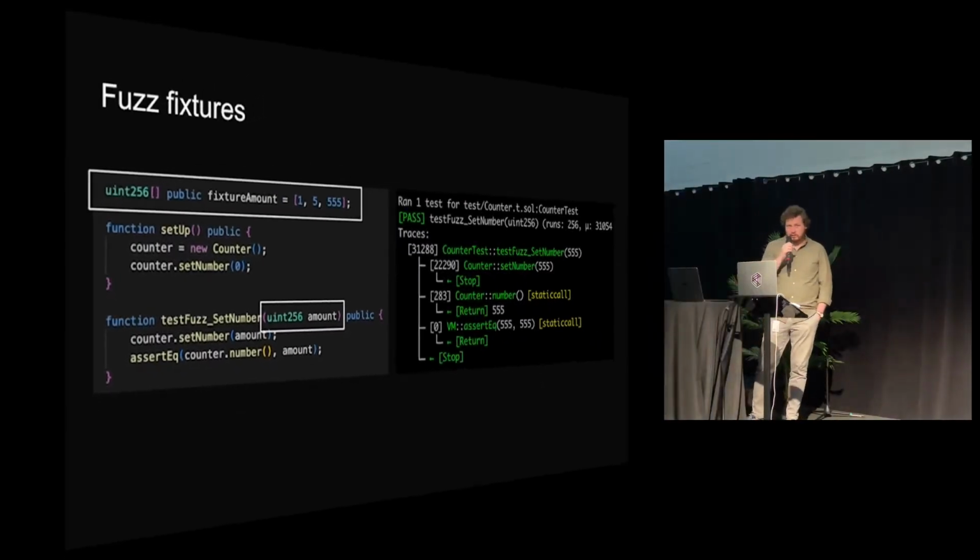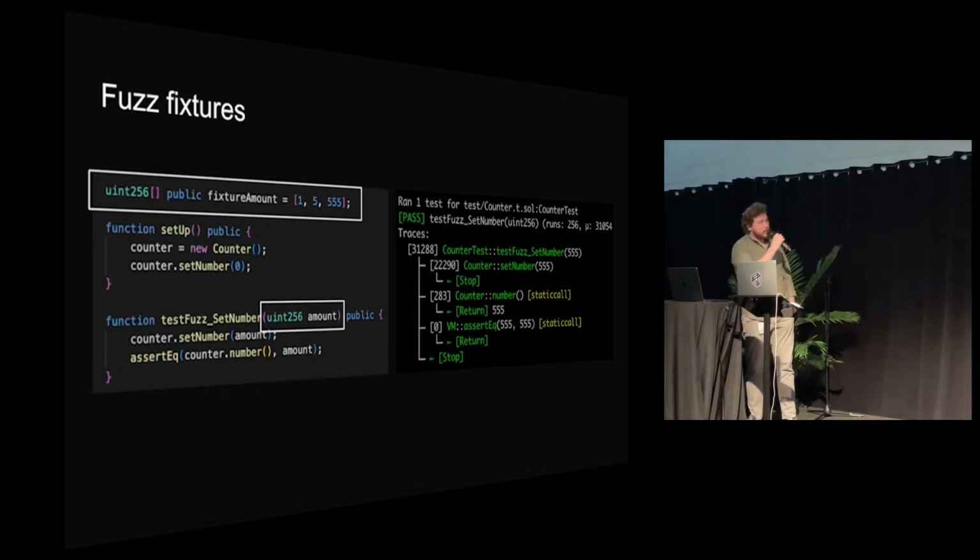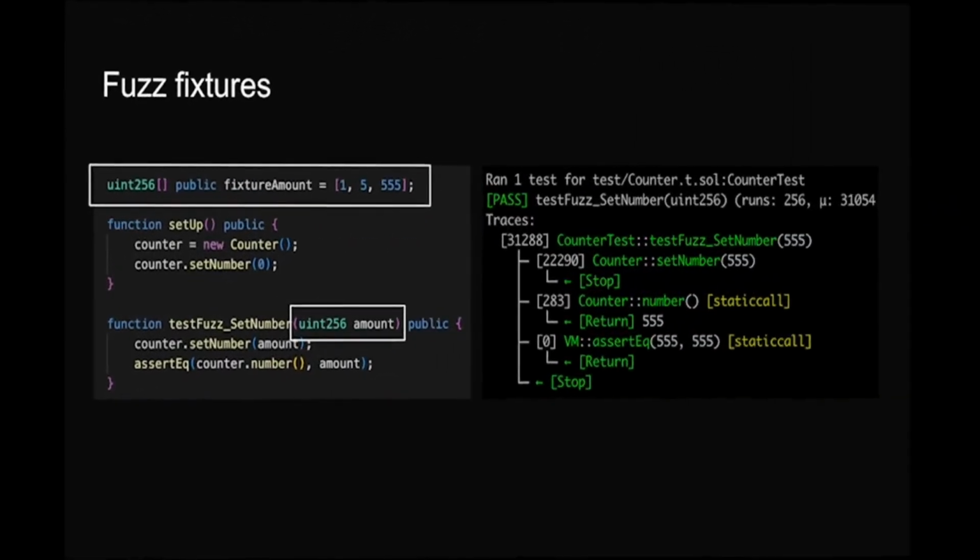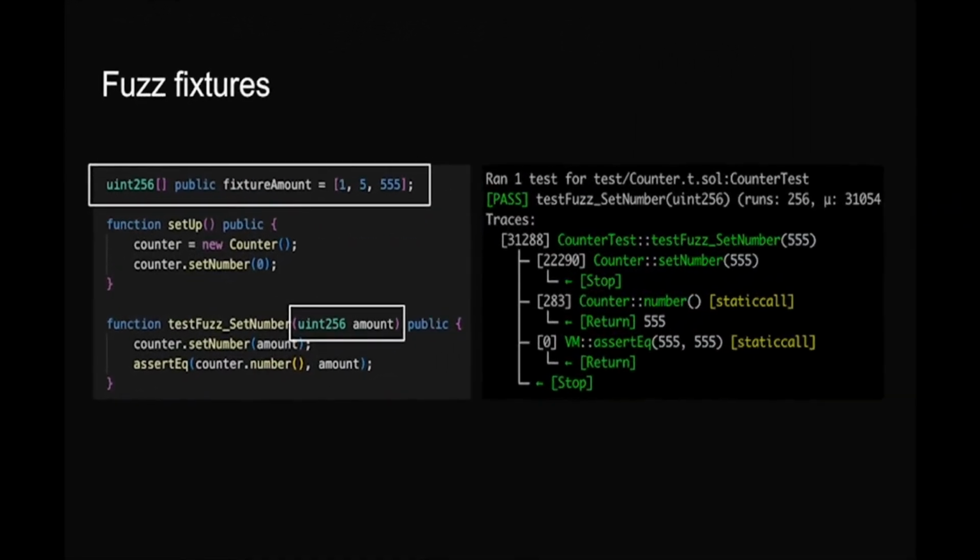And when you define the fuzz parameter in the test function, you use the same name minus the fixture prefix. By default, 40% of the time the values are chosen from this fixture, 10% of the time they are edge case values, and 50% of the time they are random values. But this helps you guide your fuzzing.